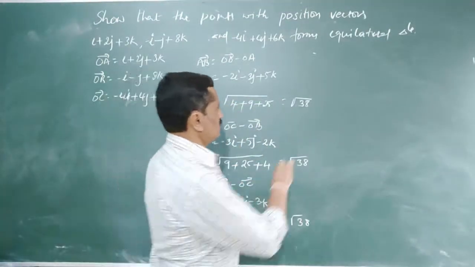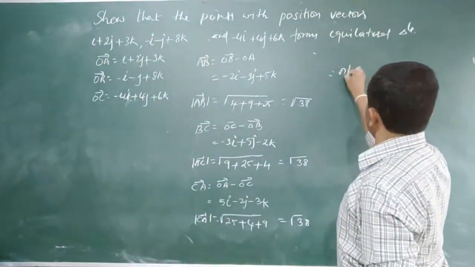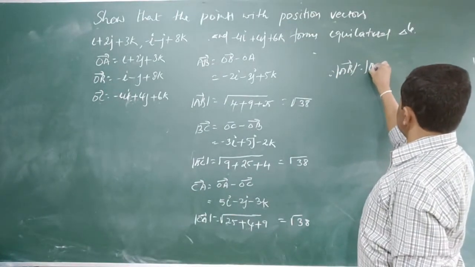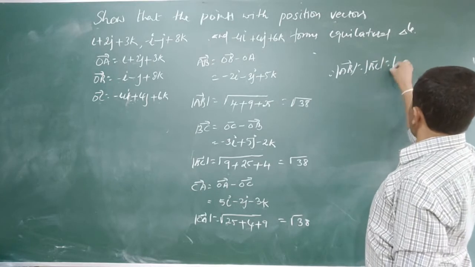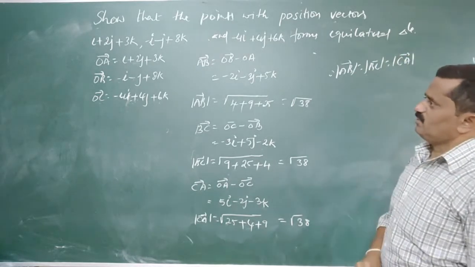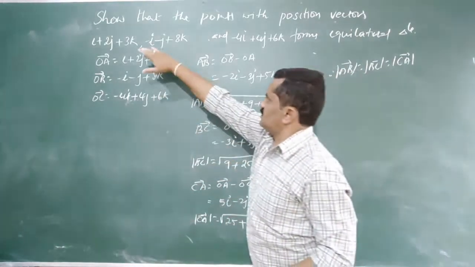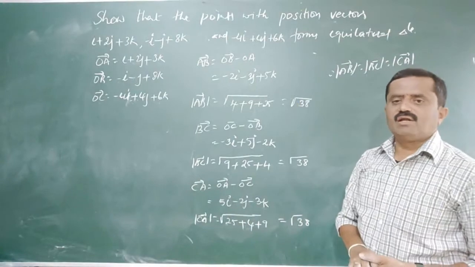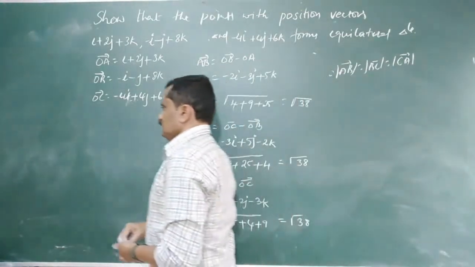So therefore magnitude of AB bar is equal to magnitude of BC bar is equal to magnitude of CA bar. Okay, therefore the position vectors form an equilateral triangle.